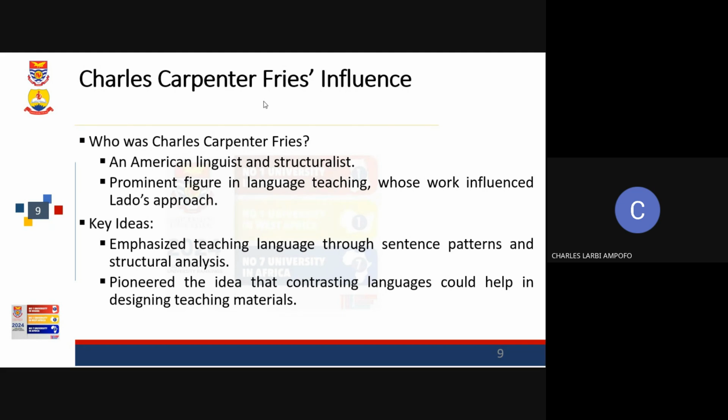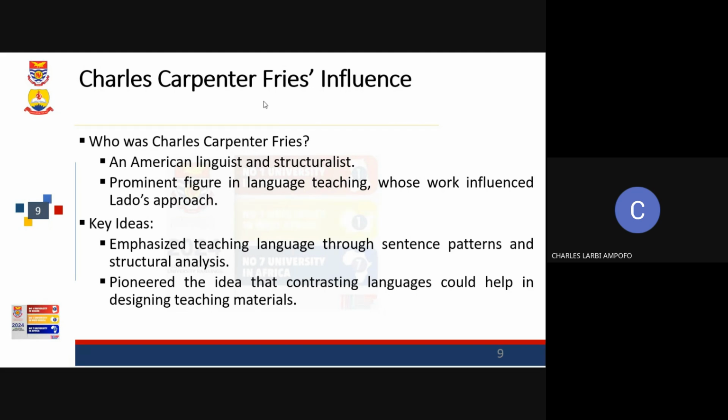However, we are talking about behaviorism because contrastive analysis is founded on the principle that language learning is habit formation, which is a principle in behaviorism theory. I hope that's clear. So it was not Charles Carpenter Fries who came out with behaviorism. He is not a proponent. He is a structuralist.